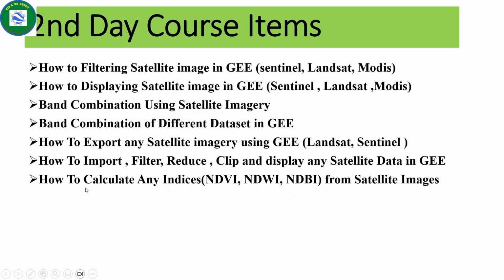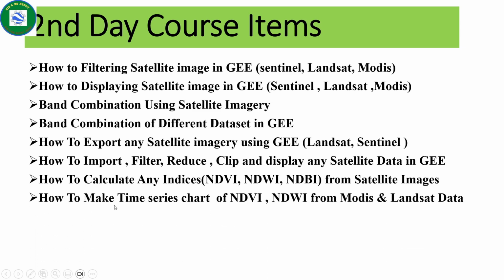How you can easily calculate any index or indices, suppose NDVI, NDWI, NDBI, NDSI, SAVI, MNDSI, all of the things. Then how to make a time series chart and time series data of NDVI and NDWI from the MODIS and Landsat data sets.